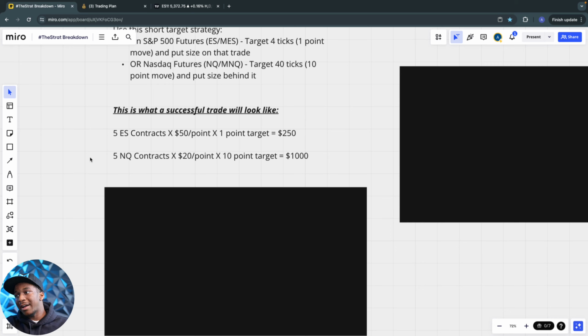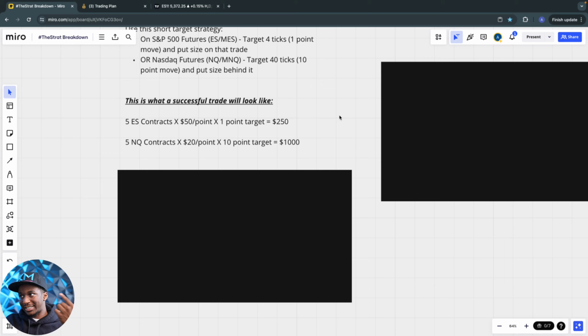If you have 5 of those, that's roughly $100 a point in total, and you go for a 10-point target, 100 times 10 is $1,000. So we're going for a quick in and out trade where we can secure a pretty decent amount of money in a very short time period. This is what a successful trade would look like.